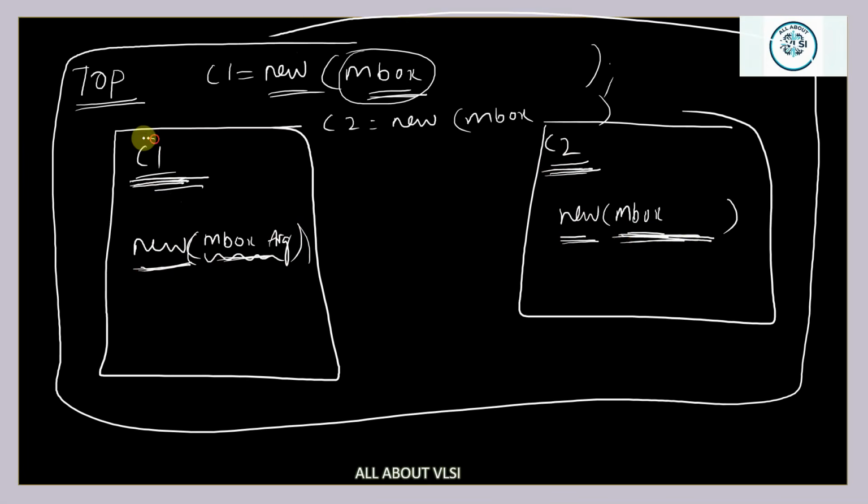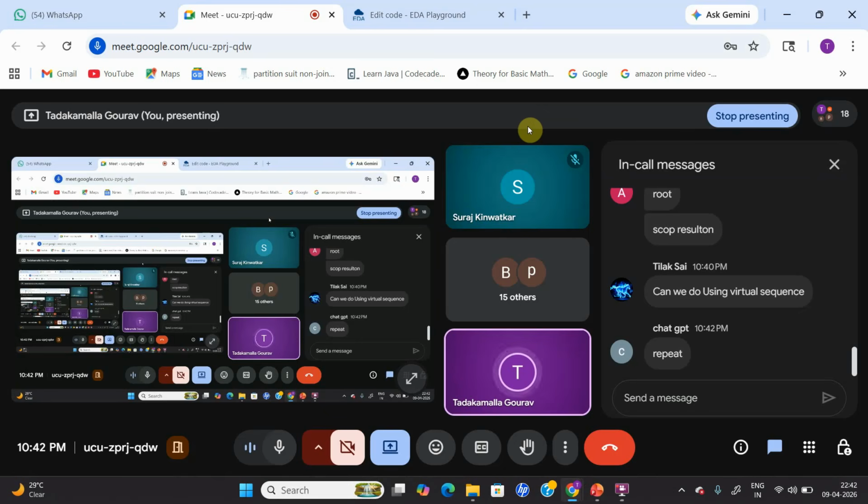So whenever we are creating the C1 instance using the new keyword, they need to pass the mailbox instance. And C2, whenever they are creating the instance, they need to pass the mailbox instance. So now C1 and C2 are pointing to the same mailbox instance which was created in the top module.